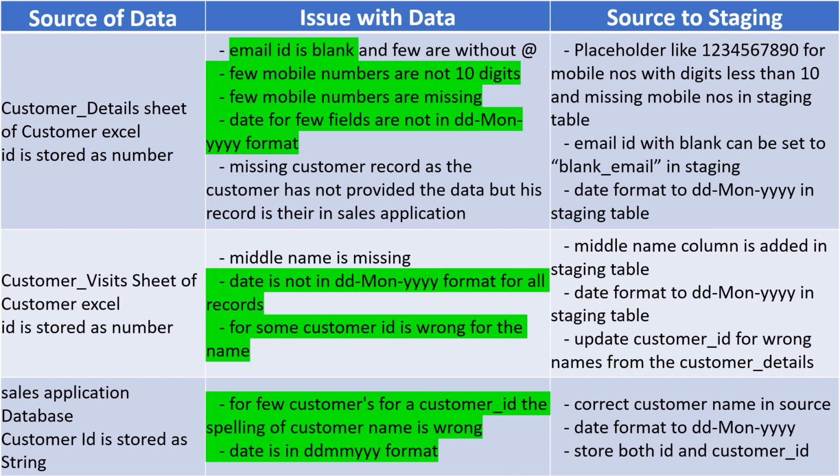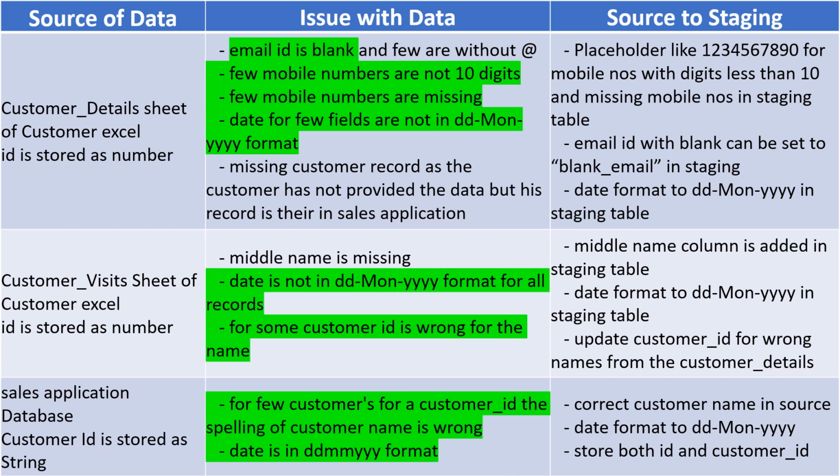The reason this placeholder is required is that if you want to identify the customer records for which you don't have mobile numbers, you can directly query the database for records having 1234567890 in the mobile number field.